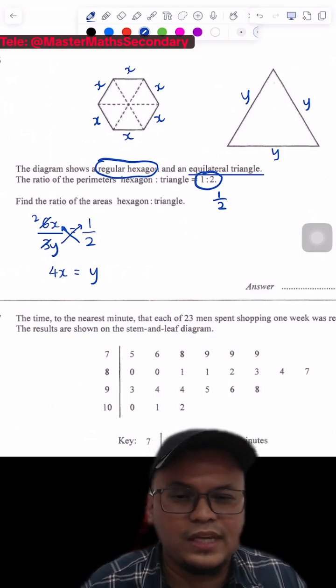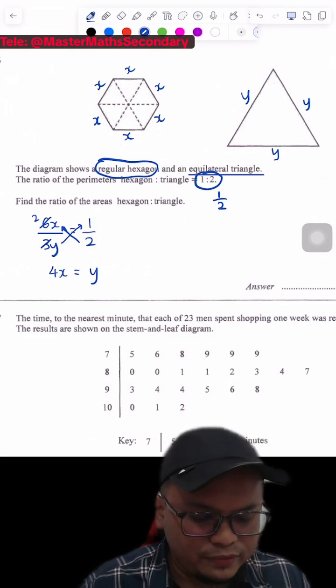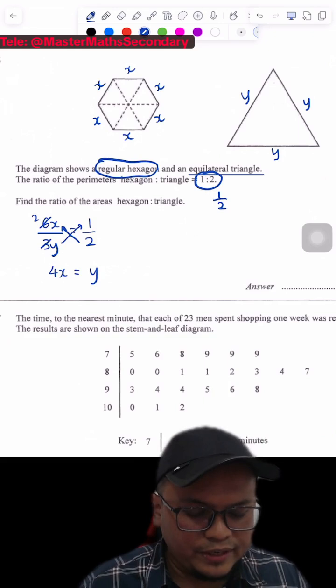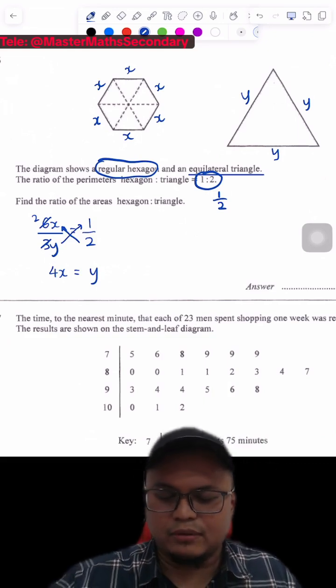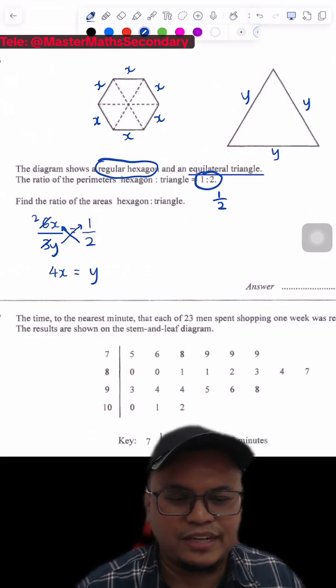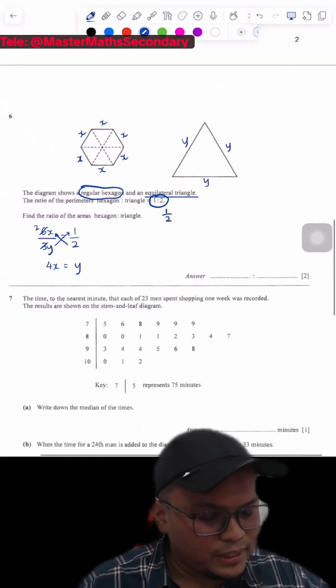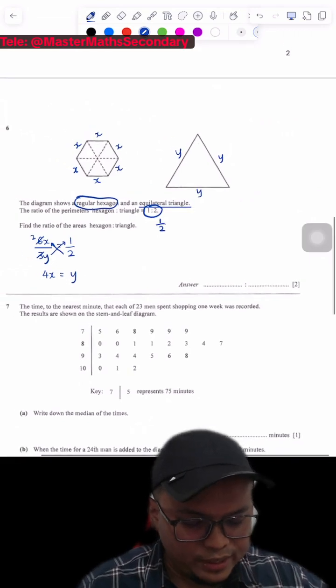Are you guys okay so far? So now that I know that y is 4x, how do I find the ratio of the area? This is where I will need you guys to make use of what you have learned in Sec 3. I don't have space here. Where is a good space to do? So I know that my y is 4x.